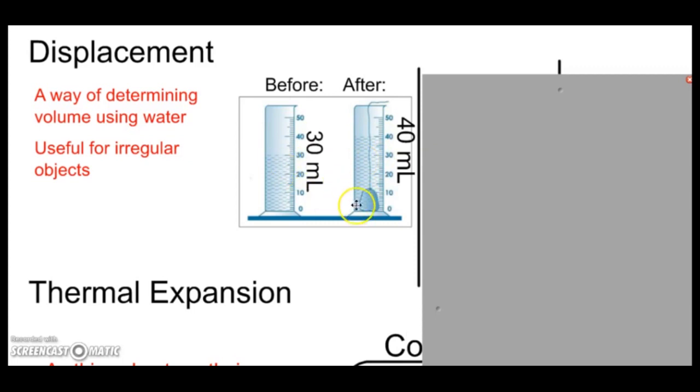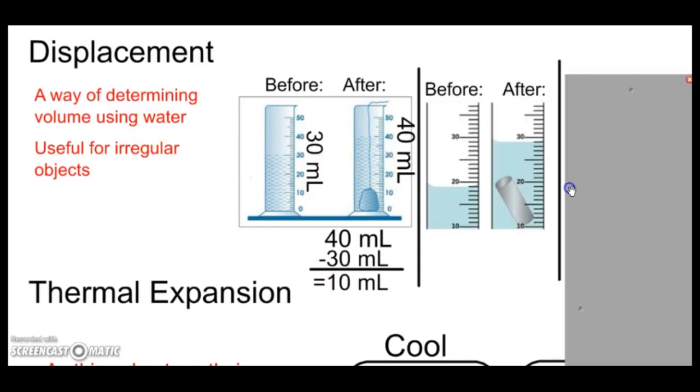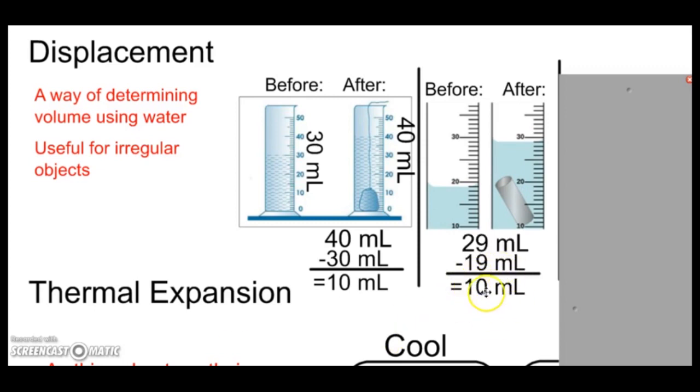The question is, what's the volume of that rock? Well, the math is just simply 40 milliliters minus 30 equals 10. You should be able to kind of see that if you drop something in there and it goes up 10, in this case, it went up 10 milliliters, that our volume of our object is 10 milliliters. The next one, if before it is 19 and after it is 29, the volume of our object is also 10 milliliters.